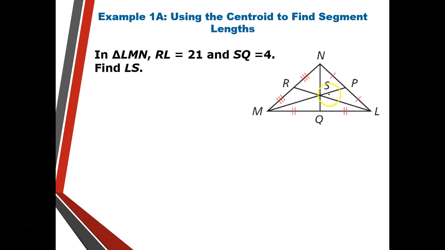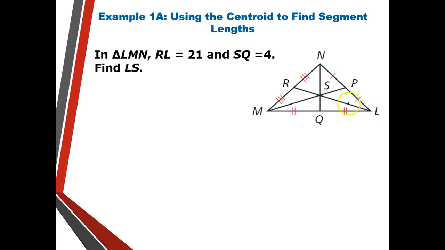Okay, so in this triangle, before we get started on this exercise, we know that S here is the centroid because all of these segments that are inside this triangle go from the vertex to the midpoint of the opposite side. See how this marking here is the same as this marking here. Same goes for LR.